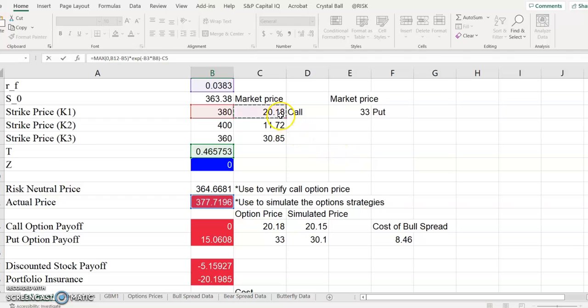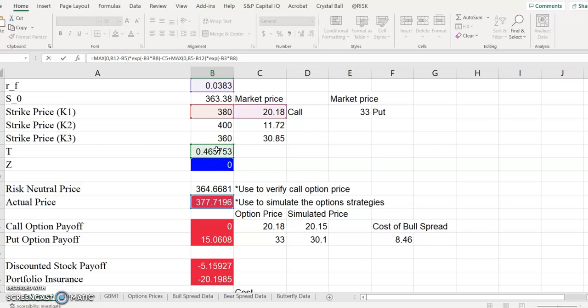Now, we're also having a payoff from the put option. So that would be the maximum of 0 or the strike price minus the actual simulated price. And we'll discount that at the risk-free rate times the time to expiration.